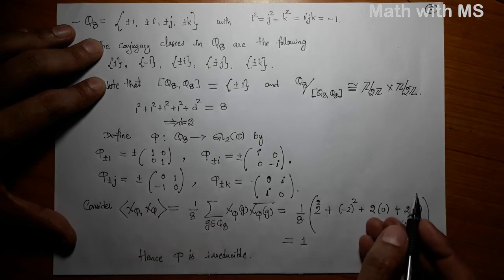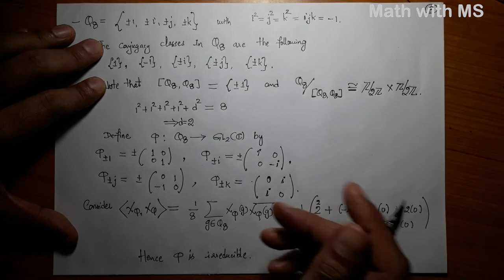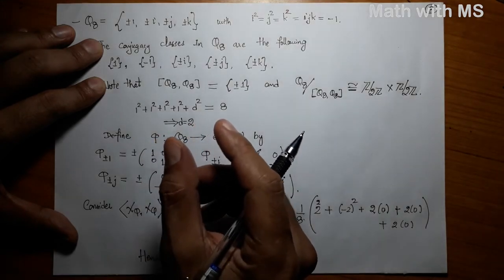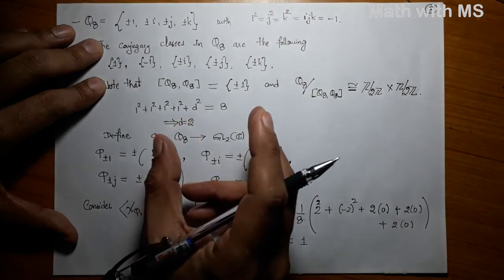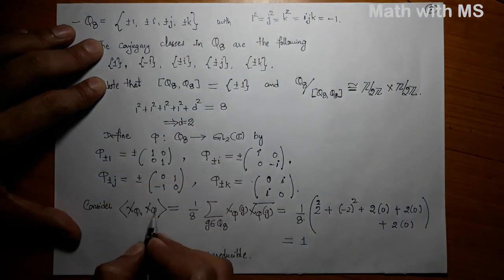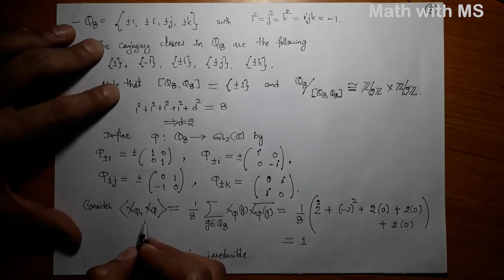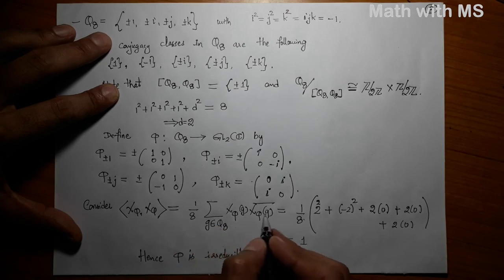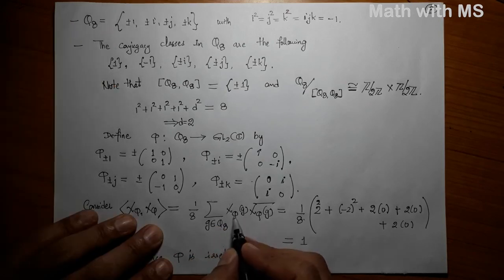Now I use a criterion for irreducibility of a representation, which says that a representation is irreducible if and only if the inner product of its character with itself is 1. So let us compute the inner product of the character chi phi, that is 1 by the order of the group, summation over g in the group, chi phi of g times chi phi of g bar. So what is chi phi of 1?